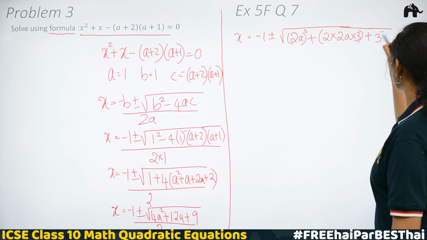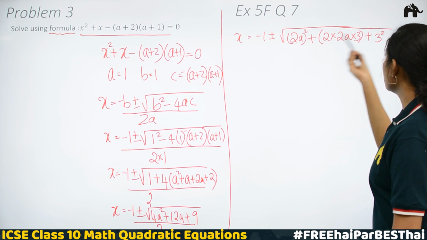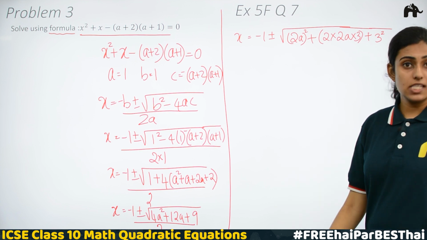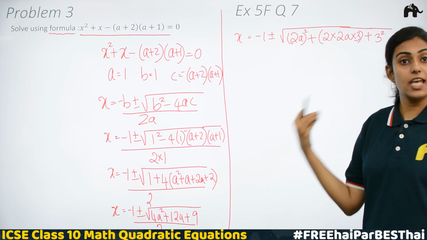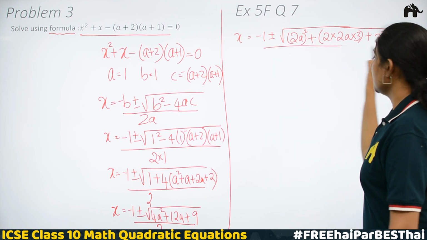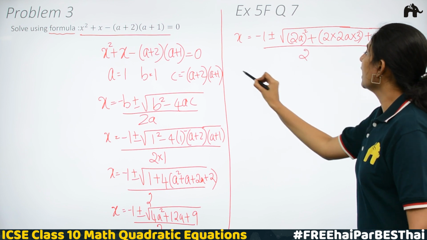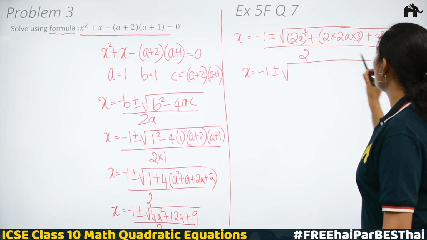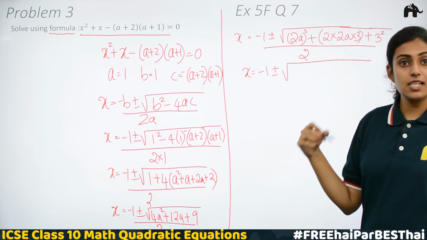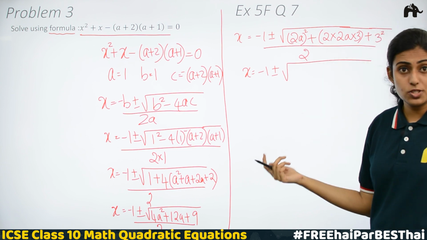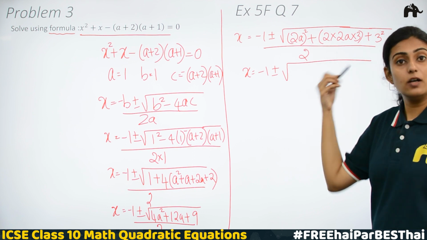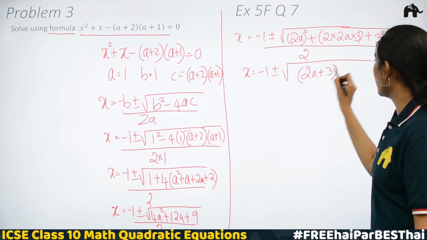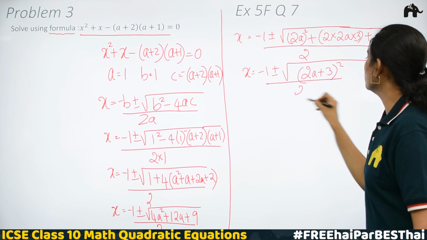This is the form a square plus 2ab plus b square, which is (a plus b) whole square. The denominator is 2. x is equal to minus 1 plus or minus root of this, which can be written as (2a plus 3) whole square, divided by 2.